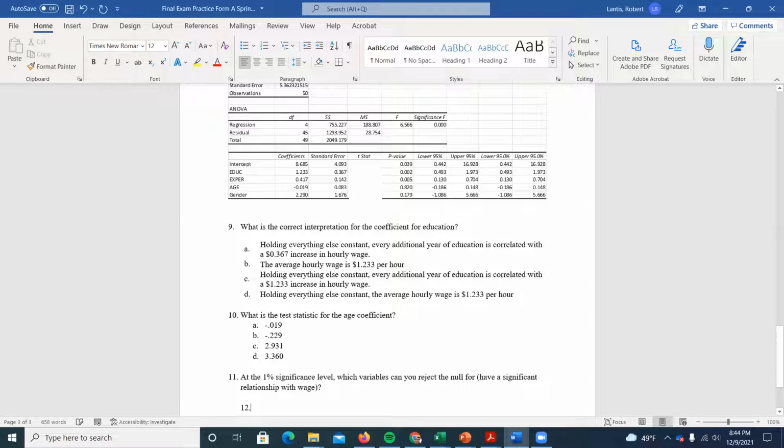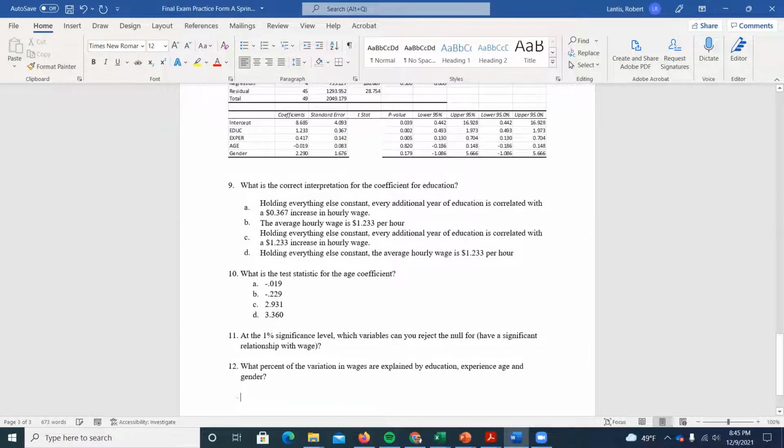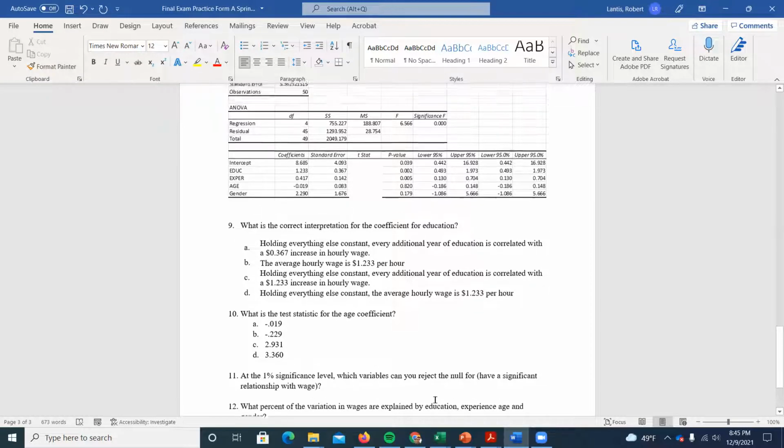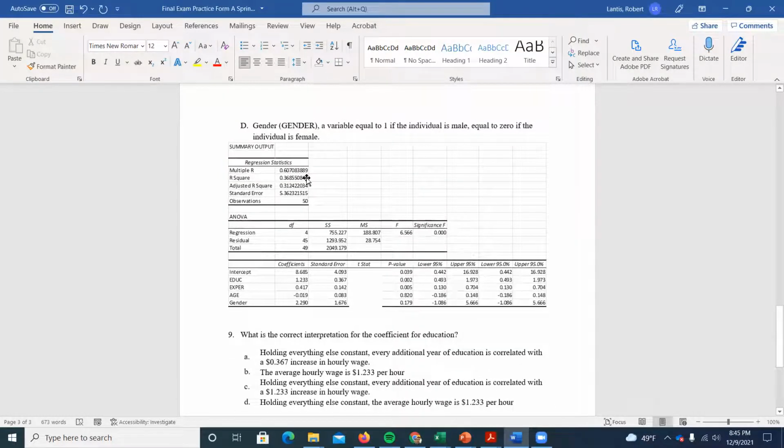Something else I might ask is, what percent of the variation in wages is explained by education, experience, age, and gender? I'd probably list them on the exam. Well, that's literally the definition of our R squared. The percent of the variation that we can explain in the Y variable, which is wages, by all of our included X variables is just up here at the R squared.